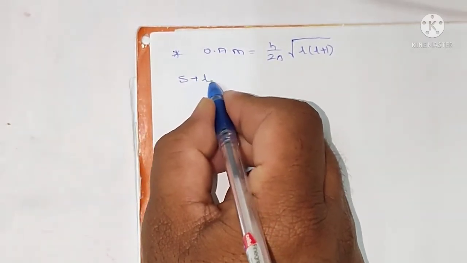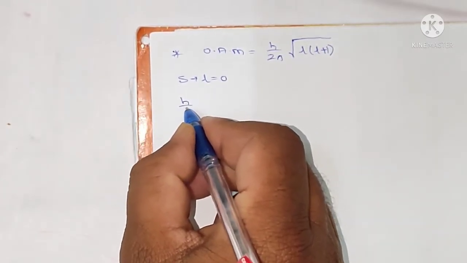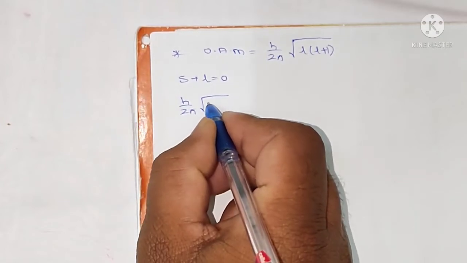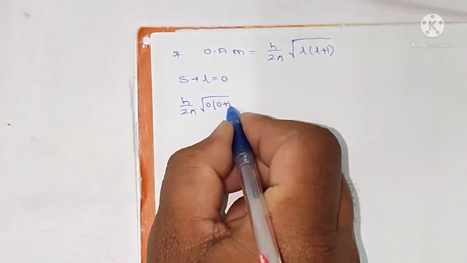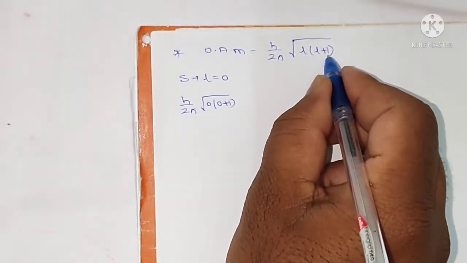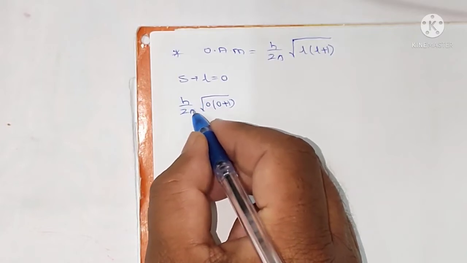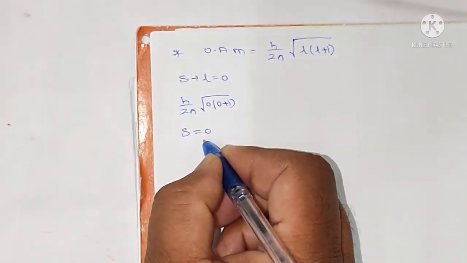The s l value is 0. So h by 2 pi into under root of 0 into 0 plus 1, l into l plus 1. So the total value should be 0.